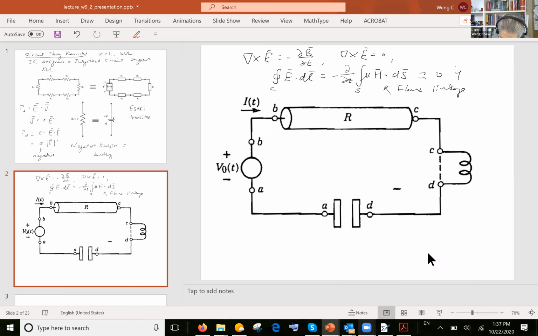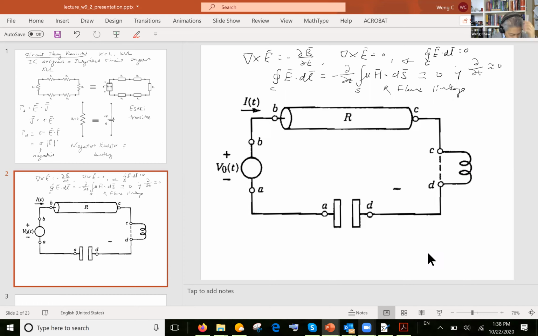Okay, if partial t is 0, or if things are very slowly varying, and then you have this Kirchhoff voltage law that can be derived. So you derive Kirchhoff voltage law by integrating this in the loop, and you will get the integral of E dot dl is equal to 0, okay, around the contour C.